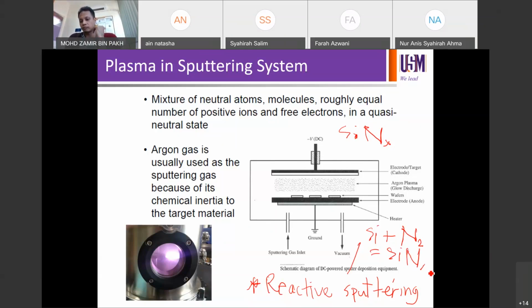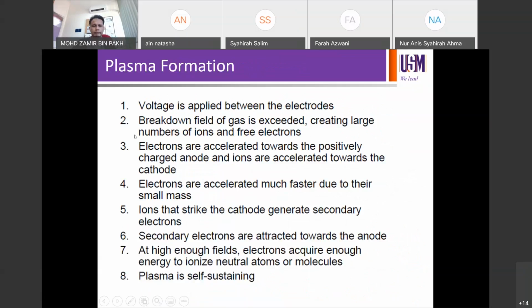You can control the flow rate of the nitrogen, and so on, to deliver stoichiometric silicon nitride on your substrate. So it's either a pure deposition from your target, or it can also be reactive sputtering, depending on what you need in the layer that you want to deposit.